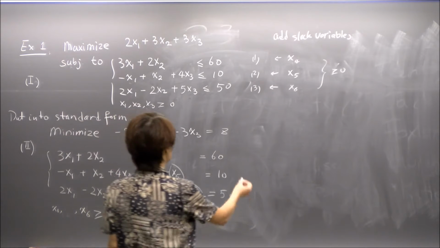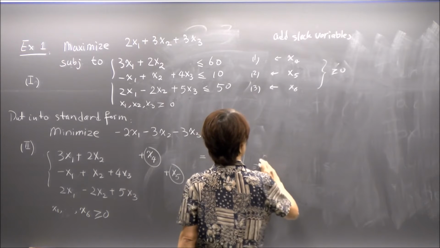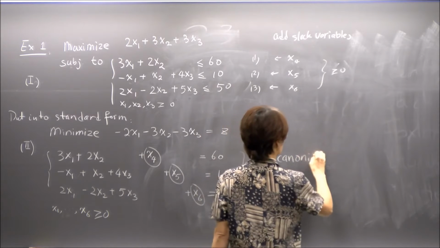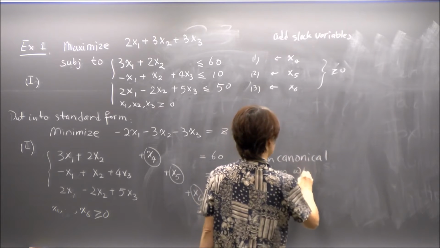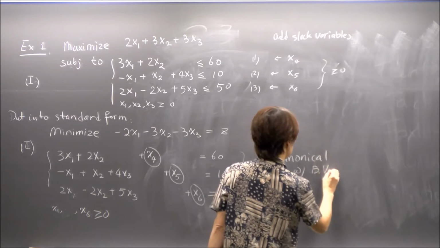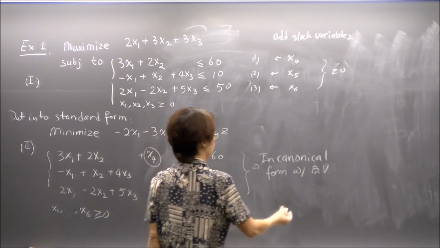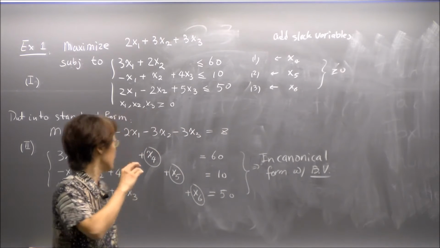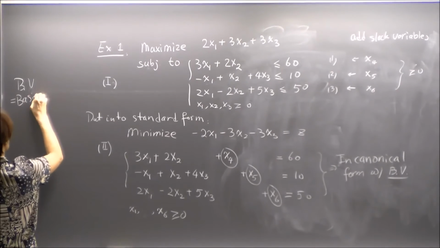So let me put that observation down. This is in canonical form, with the basic variables. Would it be okay to introduce the shorthand BV to mean basic variable?